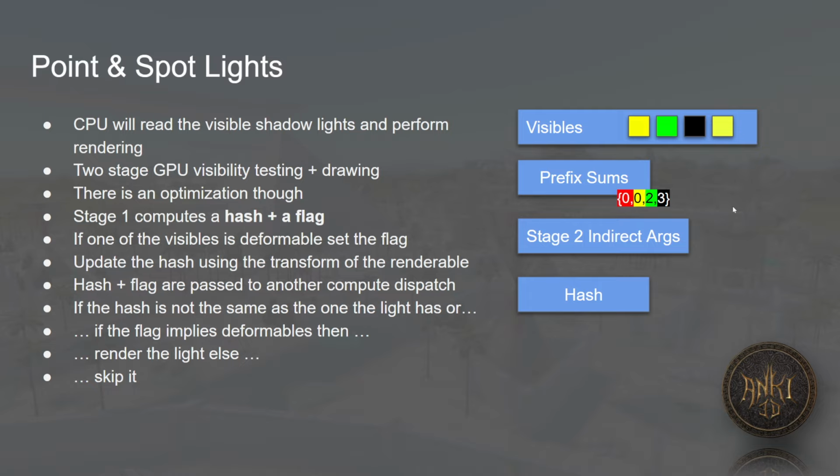But on the other hand, if the light has objects that haven't moved or it doesn't contain deformables, then that compute job will go and nullify the indirect calls of the shadow passes and will effectively skip the shadow passes. In other words, if the surrounding area of the light hasn't changed, we skip the shadow rendering.